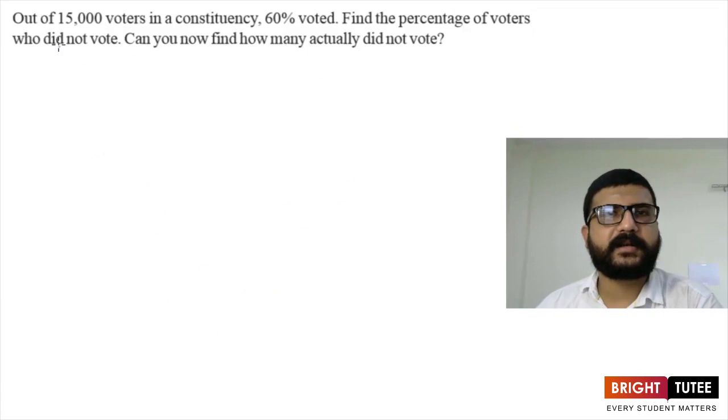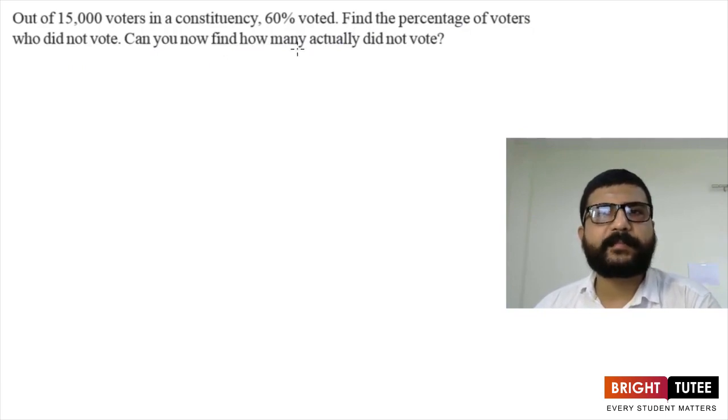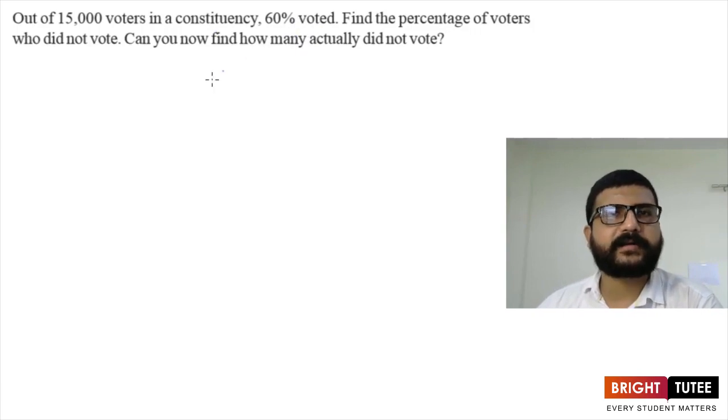Now here is the next question. Out of 15,000 voters in a constituency, 60% voted. Find the percentage of voters who did not vote. Can you now find how many actually did not vote? So first of all we have to find the percentage of voters who did not vote. How many voted? 60% of the voters actually voted.